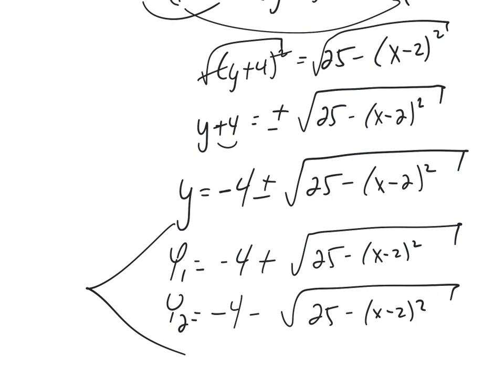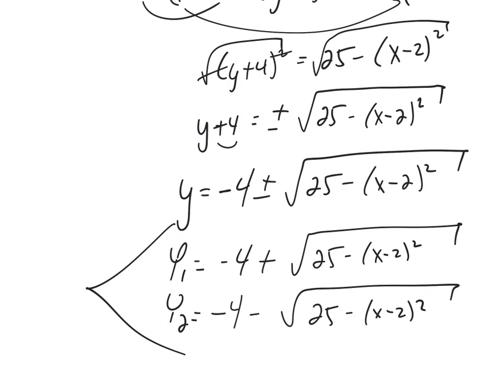And let me see how my calculator does. I'll just get myself going here. Negative 4 plus a square root of 25 minus x minus 2 squared. Let's see, I've just got to make sure I have the right parentheses. Yep, I do there.